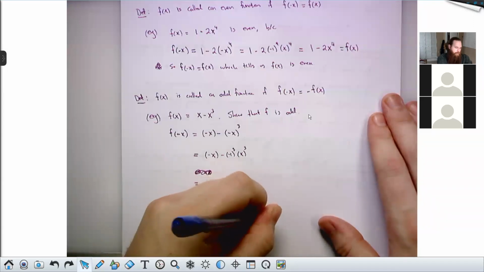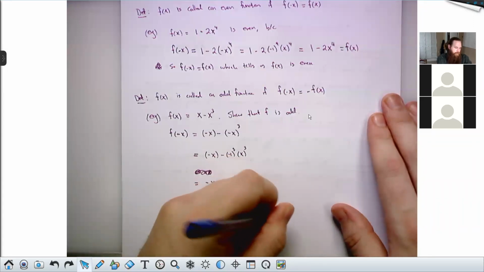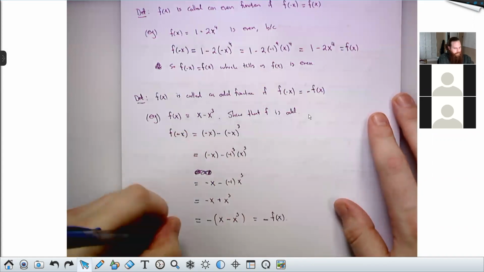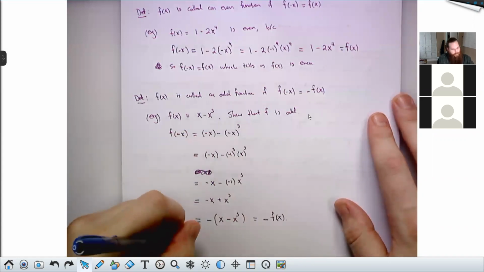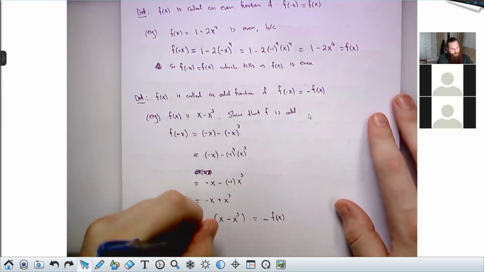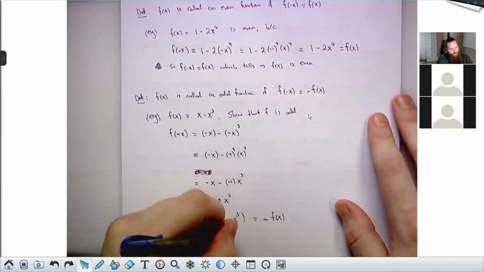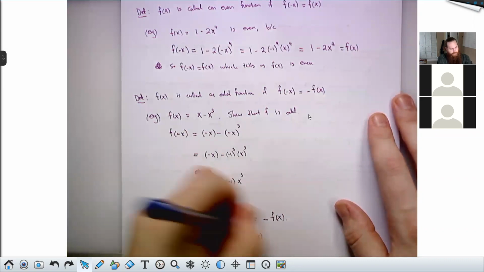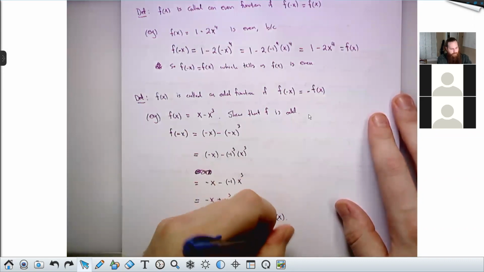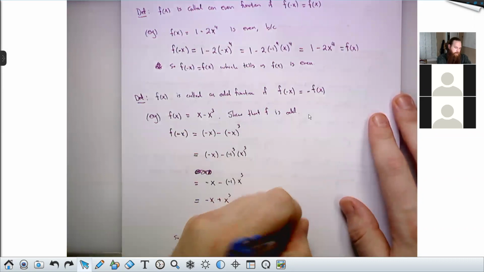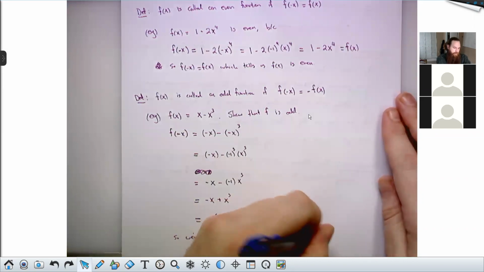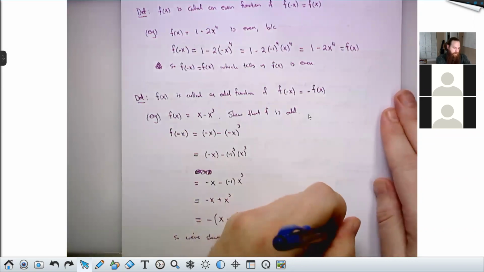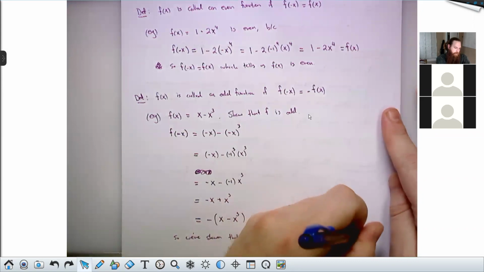That is negative f of x. So we've shown that f of negative x is equal to the negative of f of x, i.e. f is an odd function.